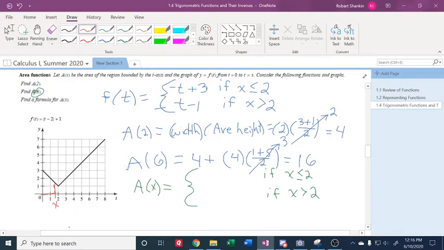Now I'm going to use the width, but the width is going to be x minus 0, or just x. And then the height is going to be, well, look at, there's 2 different points. This one has a height of 3.